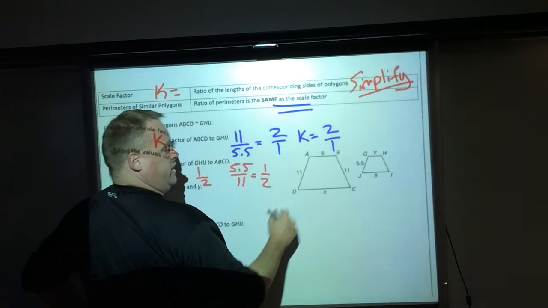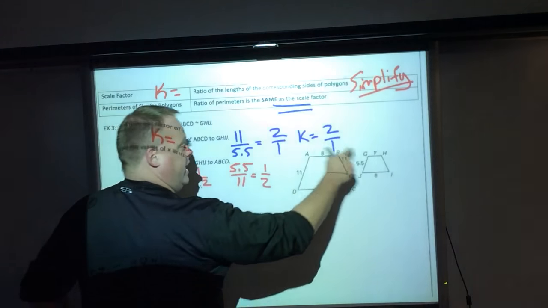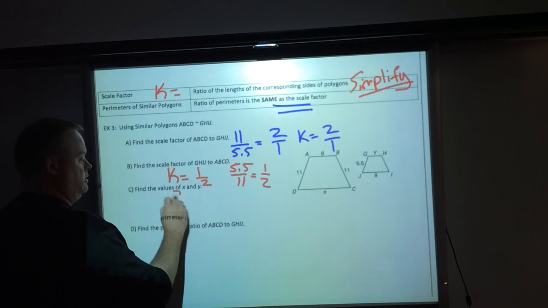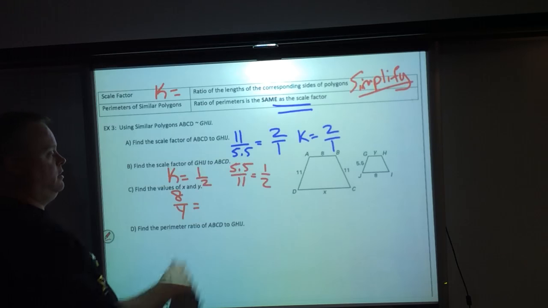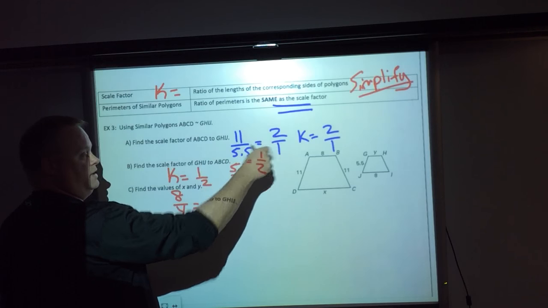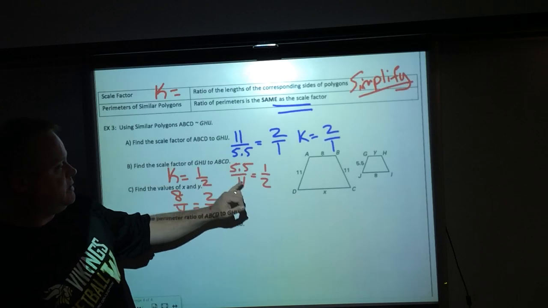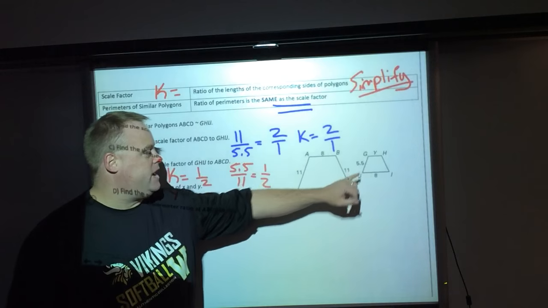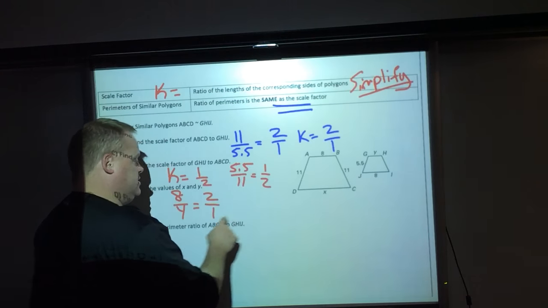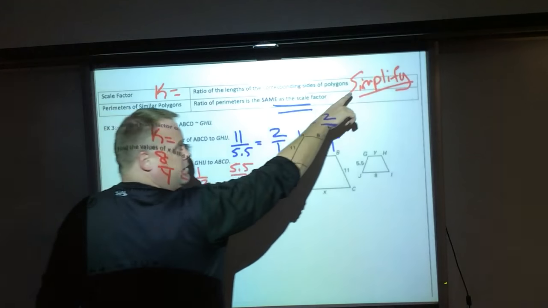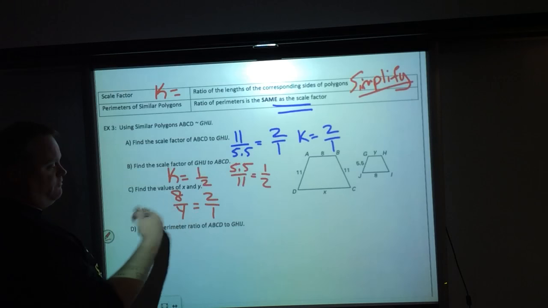If I want to find y here, I can go 8 is to y equal to 2 is to 1, which is the same thing as saying 11 is to 5.5. Remember, I've already done 11 to 5.5. It gave me my scale factor. So I can simplify that down to 2 over 1.